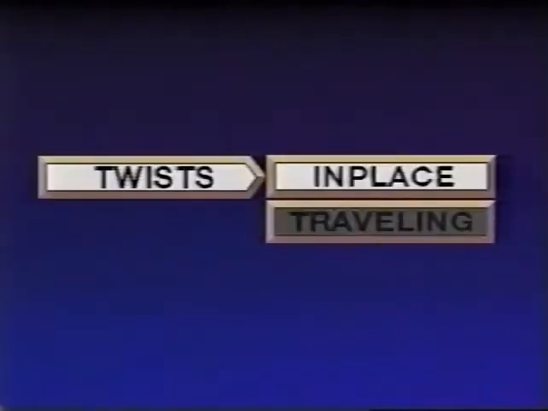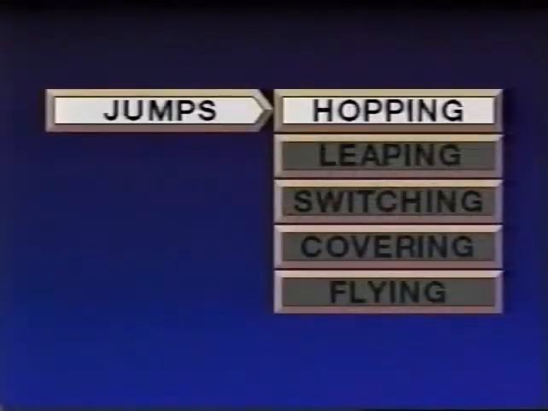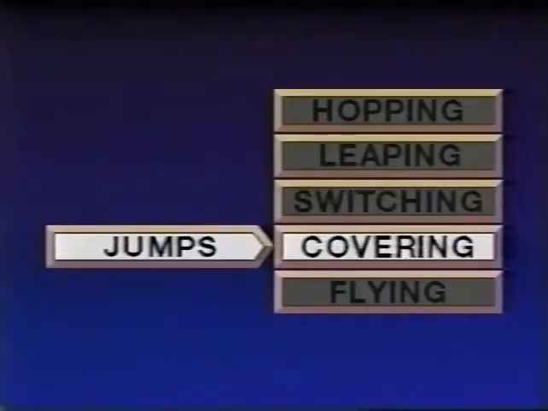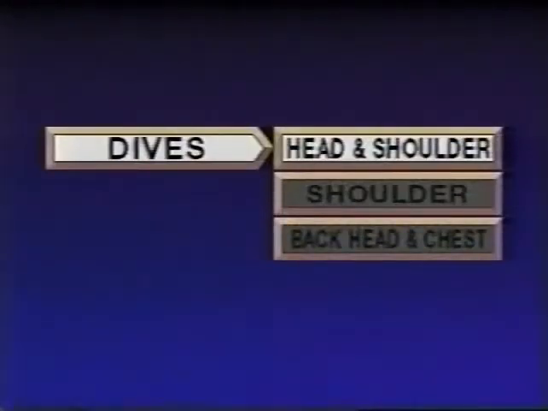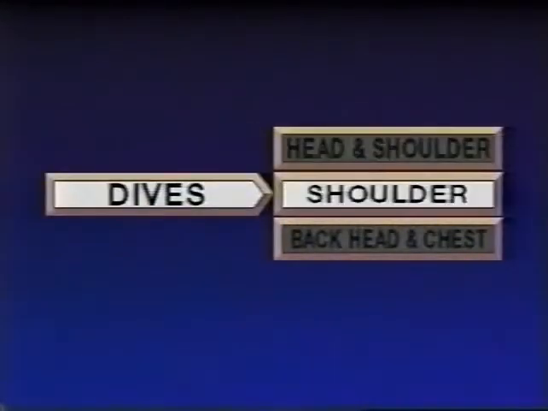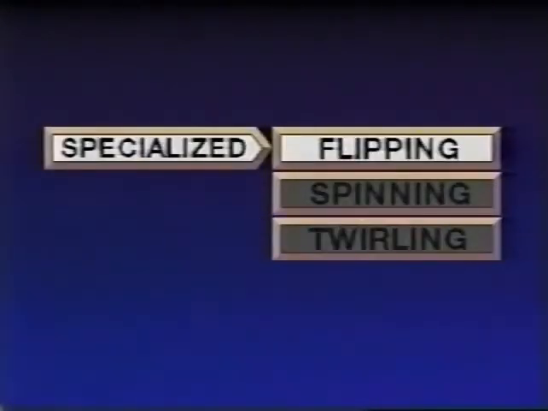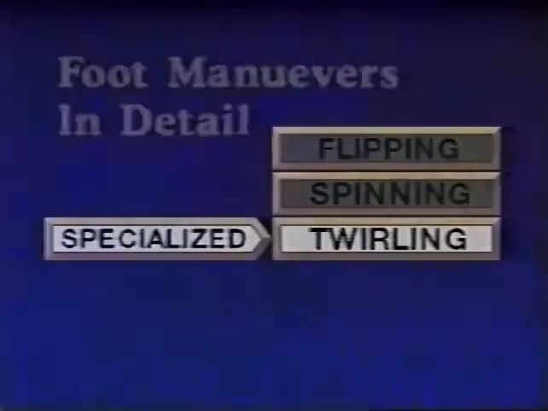In twists, you have in-place twists and traveling twists. In terms of jumps, you have hopping, leaping, switching, covering, flying, dives, head and shoulder, shoulder, back, head, and chest. In the specialized, you have flipping, spinning, and twirling.